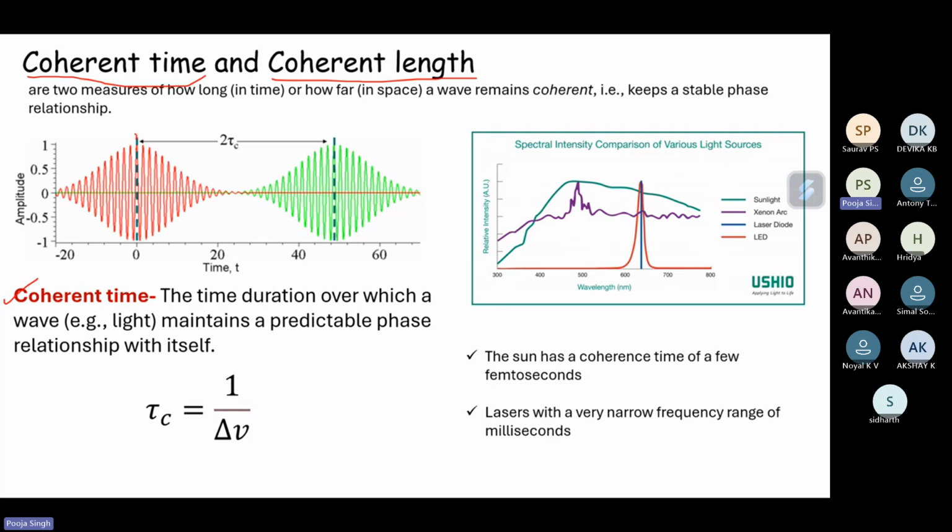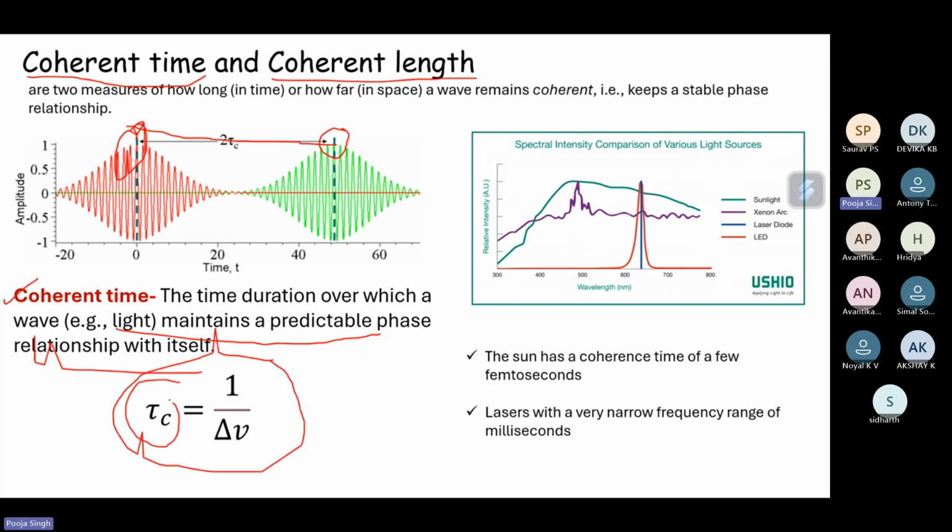Here you can see one wave and the second wave. Up to this time duration, the light maintains a predictable phase relationship with itself, and this is defined as the phase coherence time.